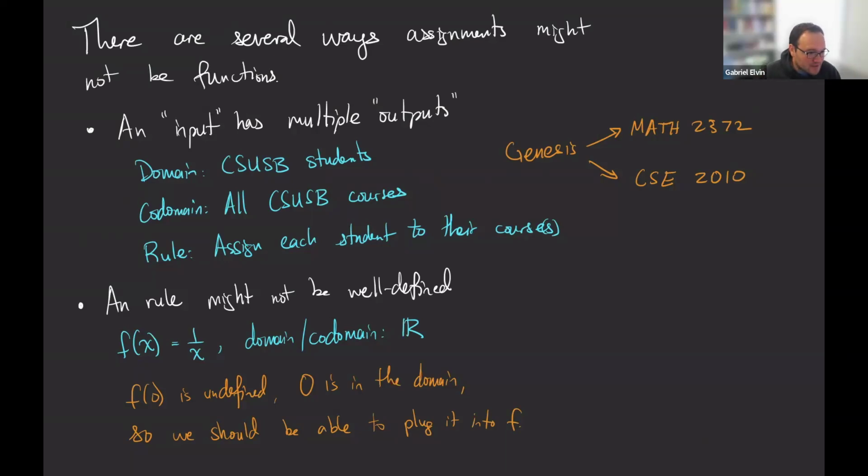Okay, what's another problem that could arise, or another thing that could make something not a function? An output might not be in the codomain.